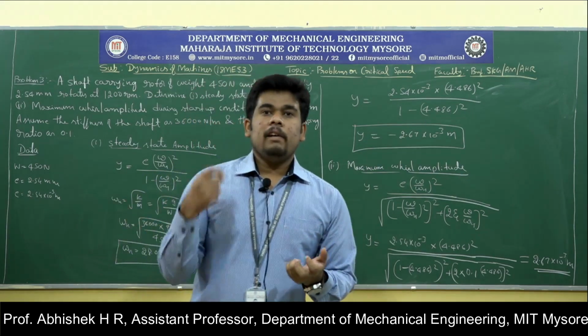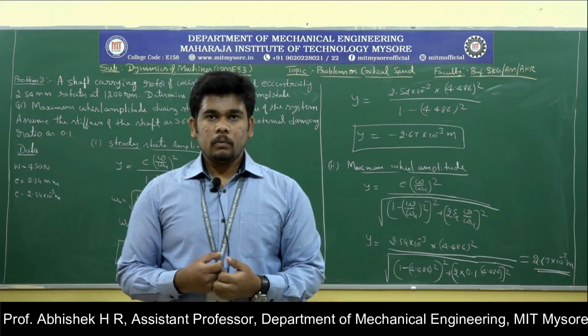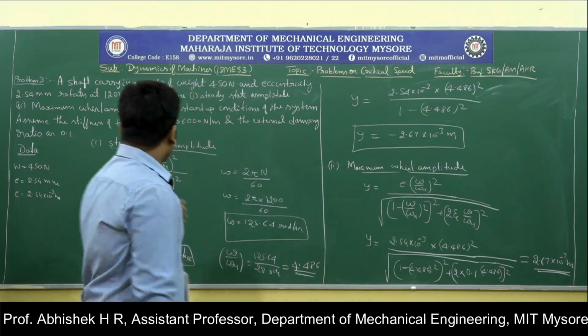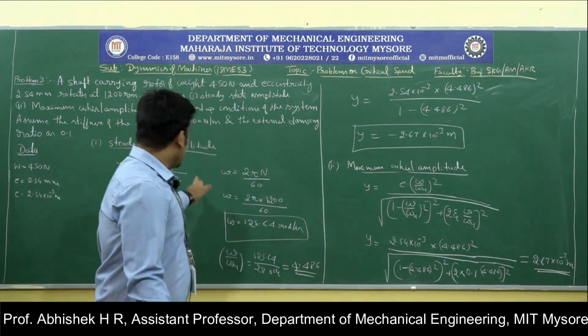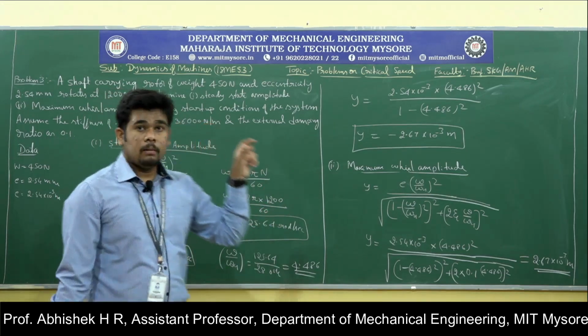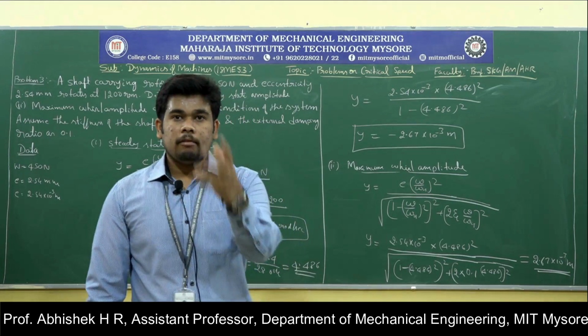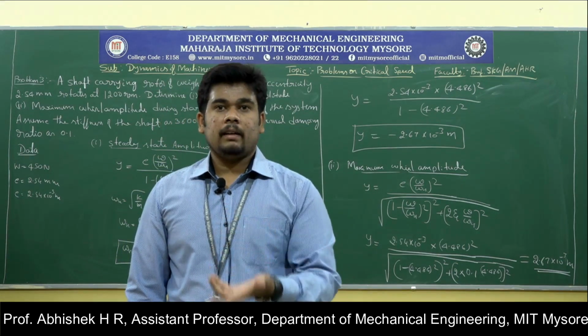Using that hint you can solve the problem easily. Formulas are very important, so be careful about the formula, and the data given in the problem is always in mm, so you should convert into meter and then apply it in the formula, and you will get the answer.